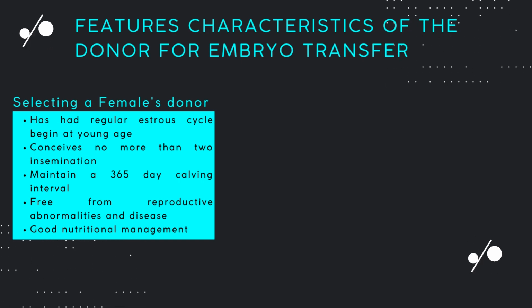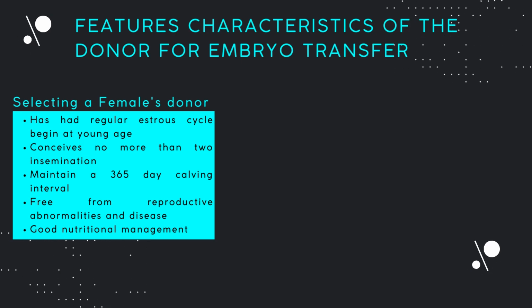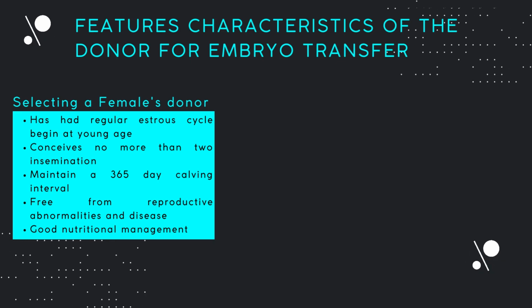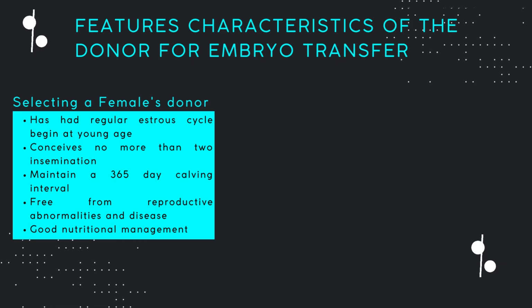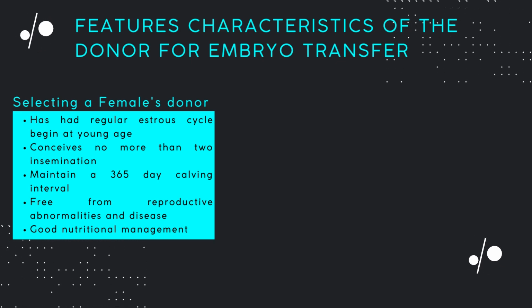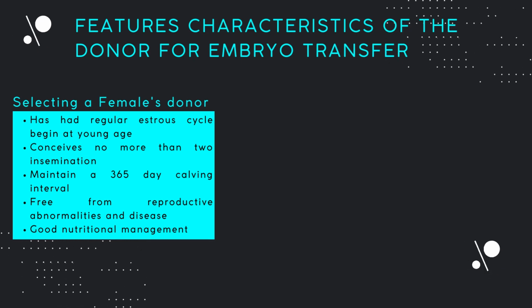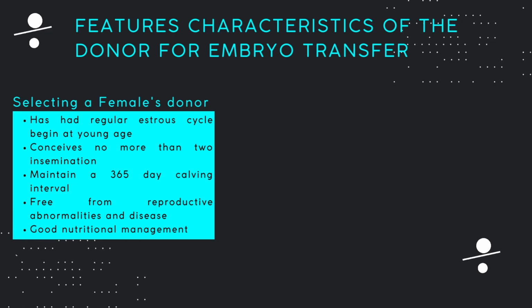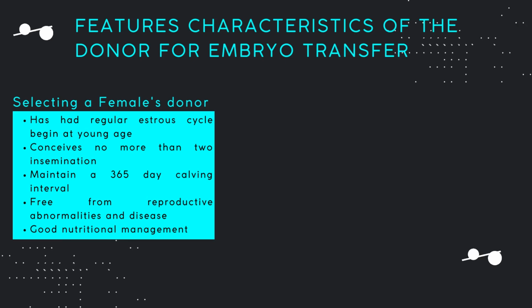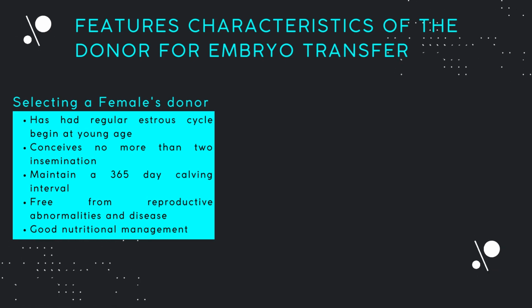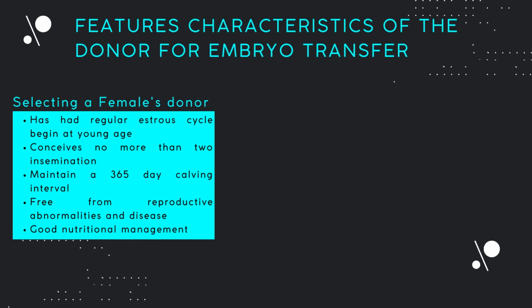She is also without conformational or genetic flaws. The productivity of these females as embryo donors depends on effective dietary management. This entails maintaining a healthy weight and giving the body the right nutrition, which includes minerals crucial to reproduction.